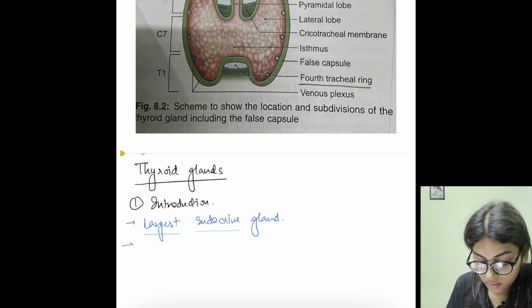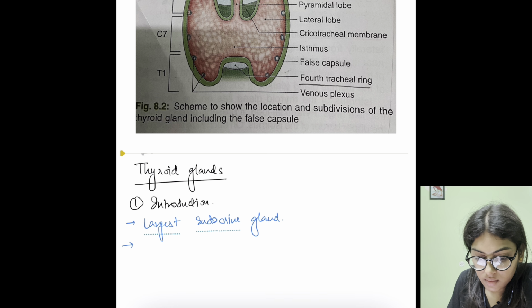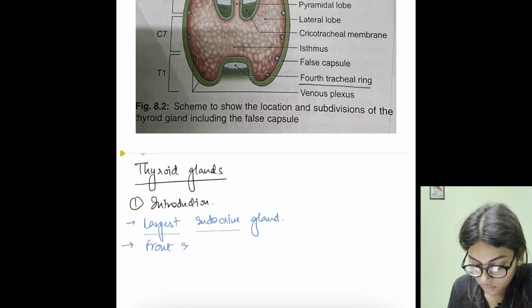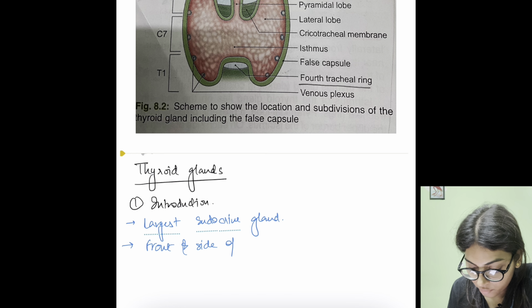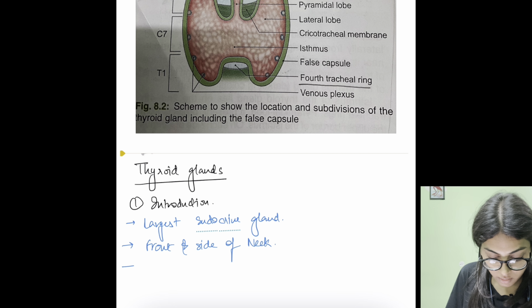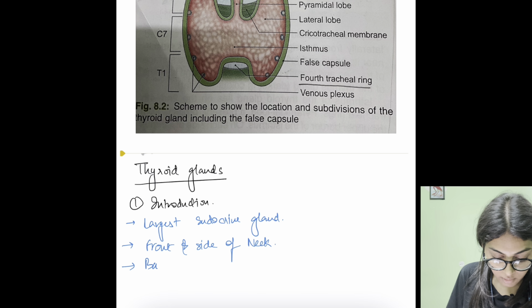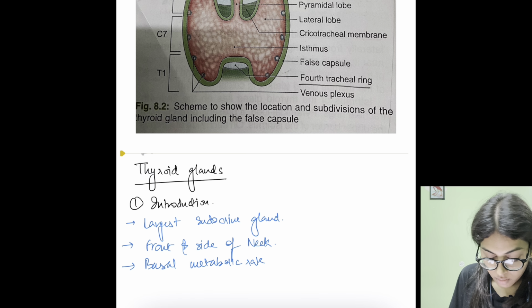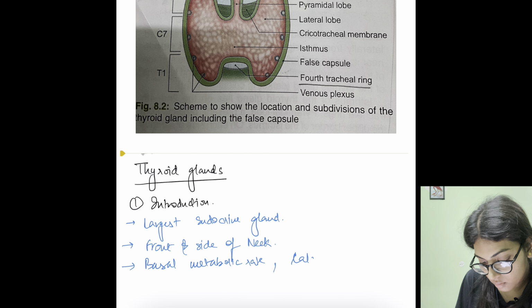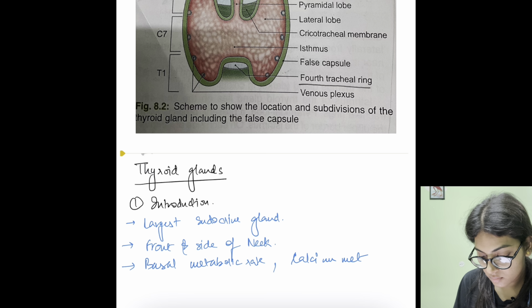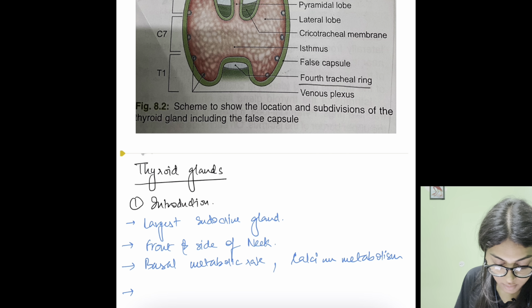It is mainly present in the front and side of the neck, and it mainly performs basal metabolic rate regulation, calcium metabolism, and also synthesis of iodine.